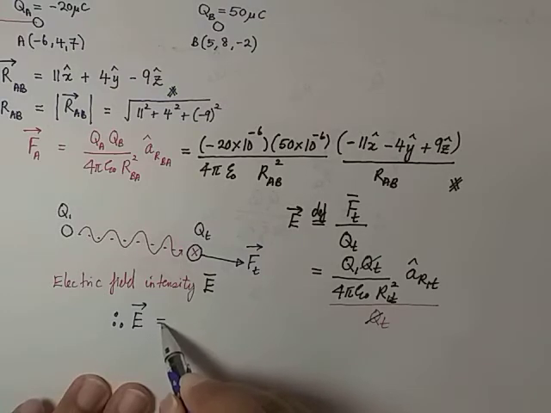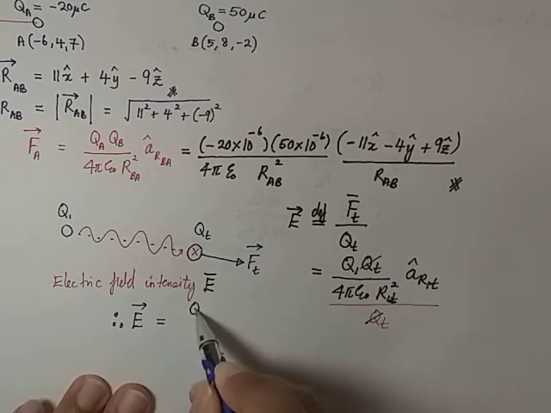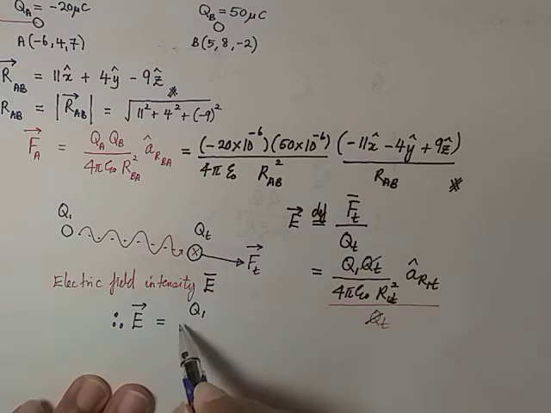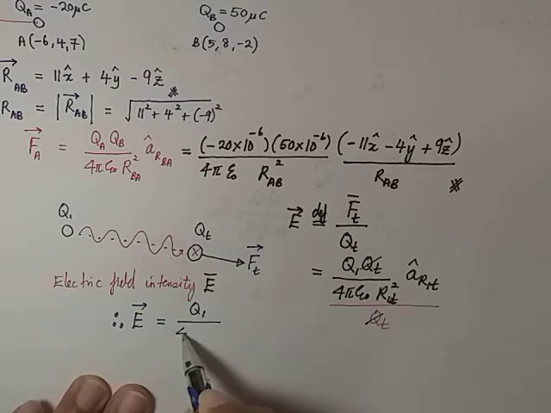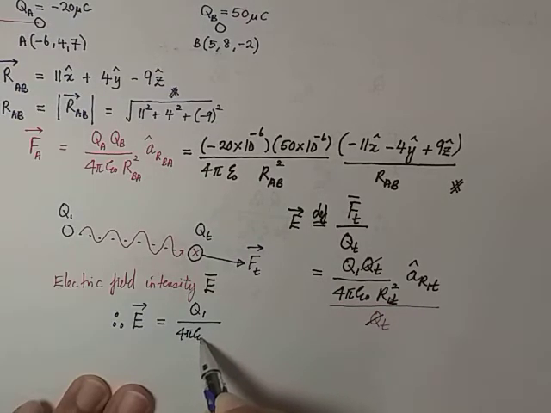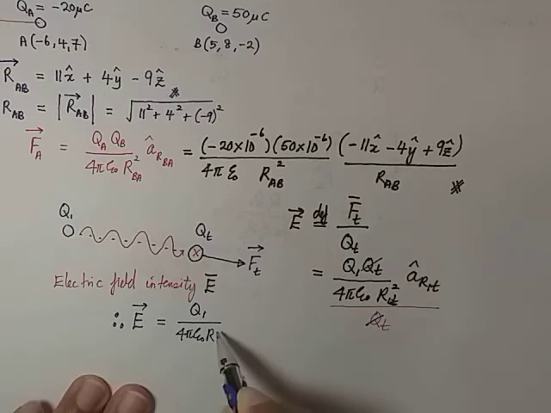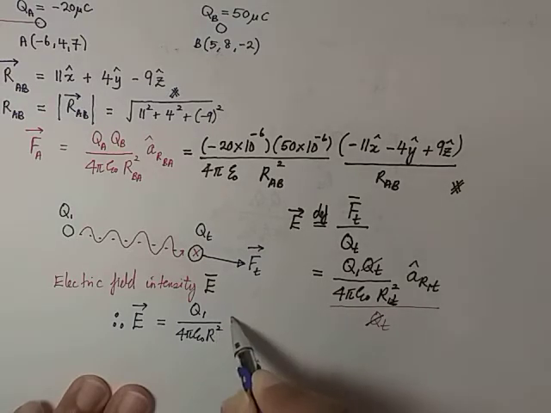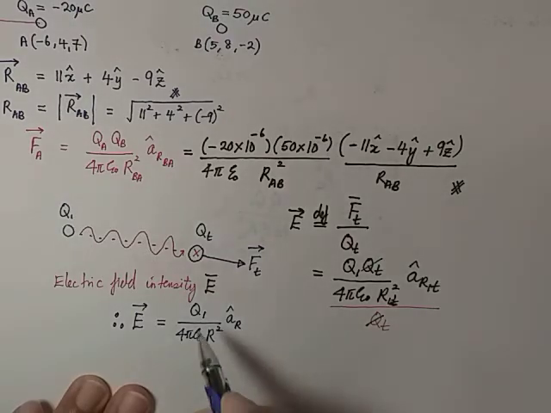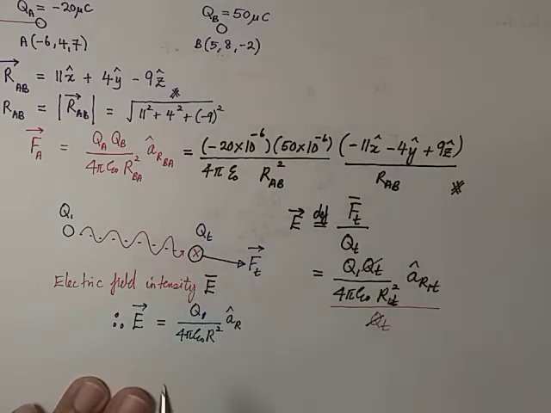It should be equal to Q1 over 4 pi epsilon naught R squared, aR. I am removing the subscript now just to generalize.